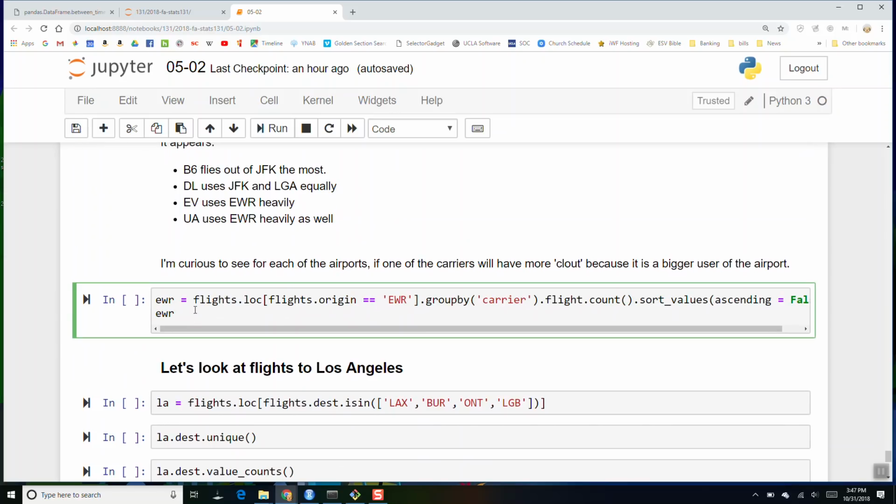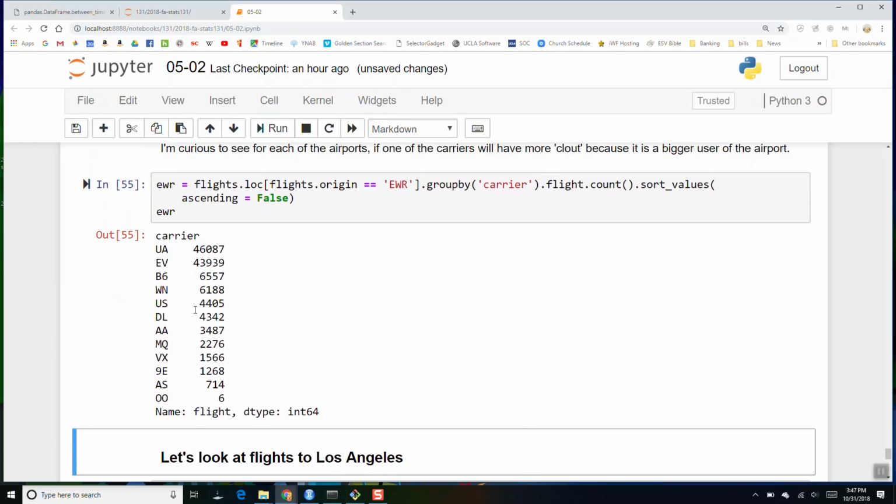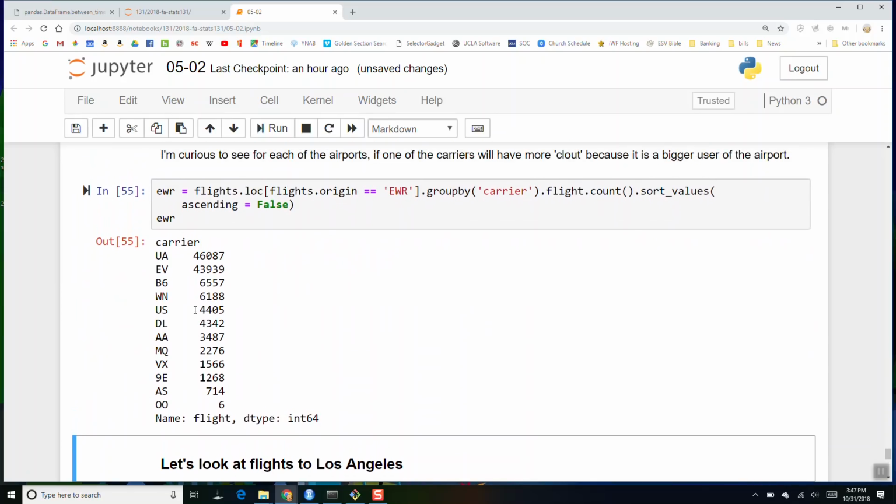Here I was just looking at flights out of Newark. I started, but then I never continued it. I was just curious that for Newark, United Airlines and ExpressJet operate the most heavily, and later on I was curious to see if the proportion of delayed flights for these carriers was different from the proportion of delayed flights for the other carriers. I don't know if the tower's like, oh, we got to keep them.